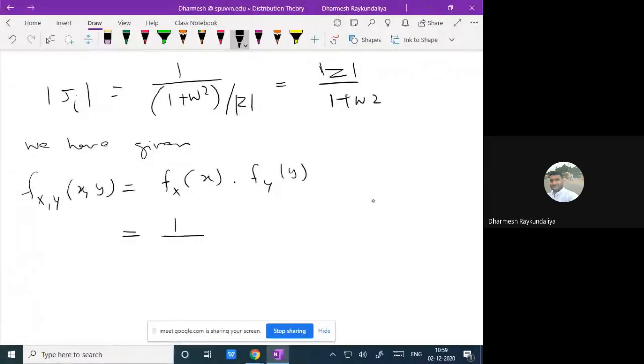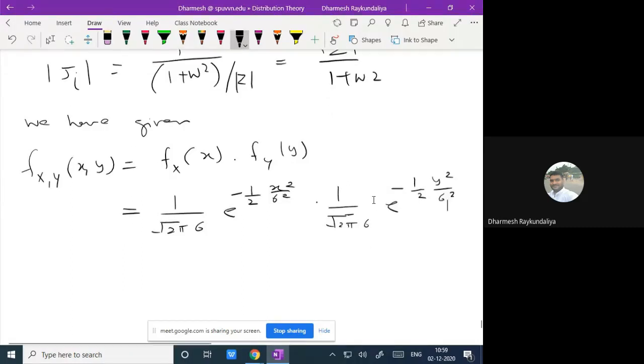So this is 1 upon root 2 pi sigma e raised to minus 1 by 2 x square upon sigma square, into 1 upon root 2 pi sigma e raised to minus 1 by 2 y square by sigma square.